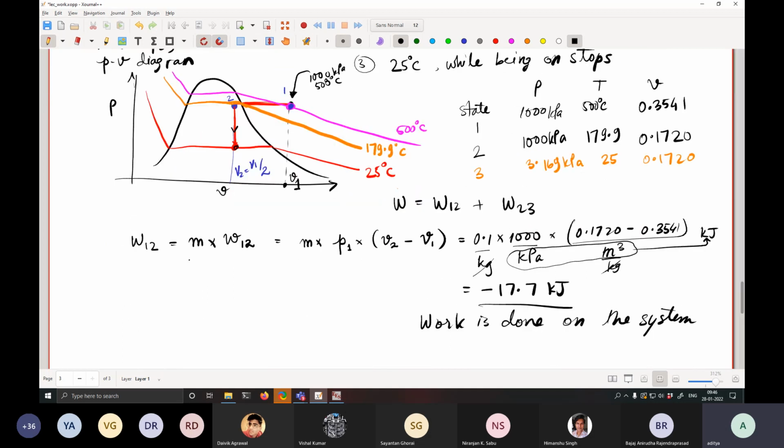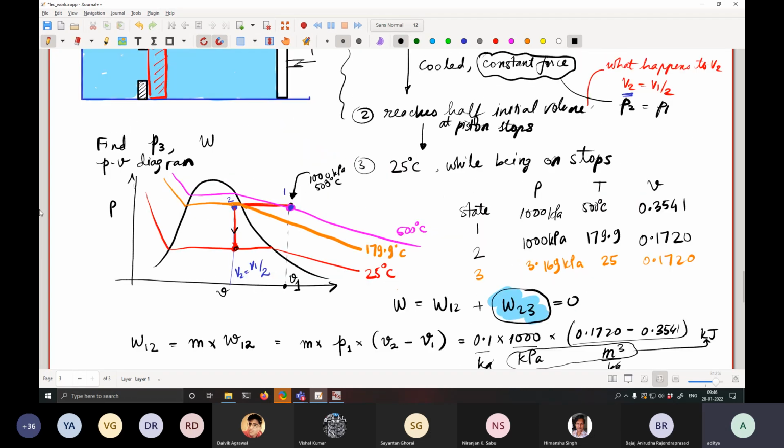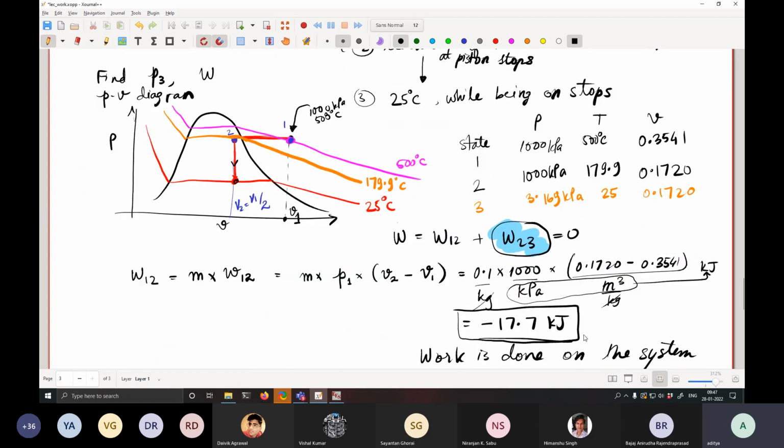So what is the work during process 2-3? It's going to be 0, because there is no change in volume. So this particular work done will be equal to 0, and this is the final answer. When such a question is asked in the exam, you should mark the final answer like this.